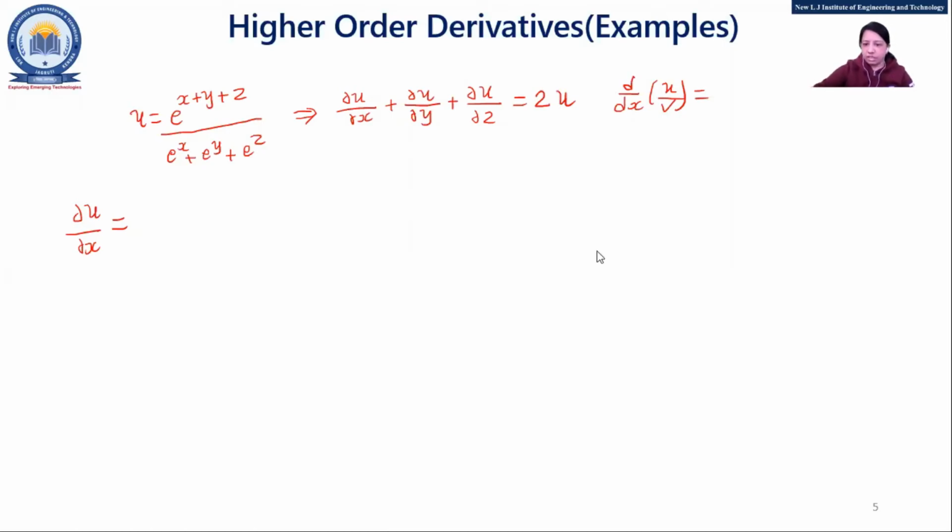I'll unmute someone. Fine. 34 Mihir. No, I want some other student. 12 Pujan, unmute yourself quickly.